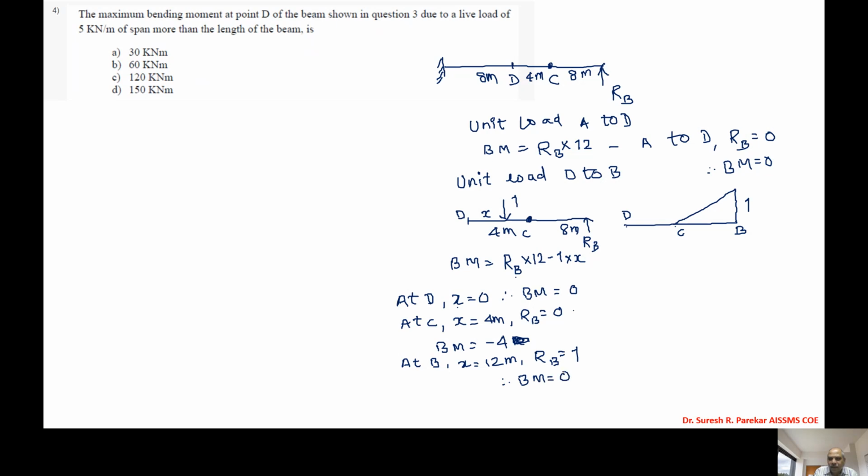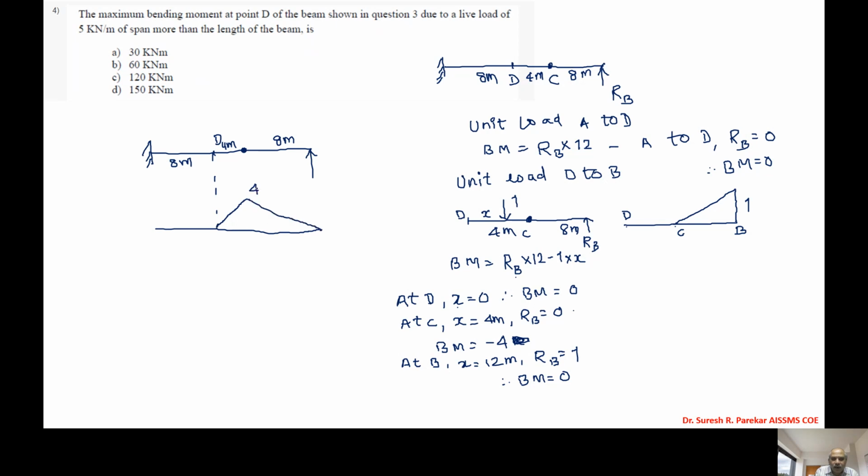becomes 0. And therefore if we plot the bending moment diagram by plotting this, then we have the bending moment diagram for this. This is point D. This is 4 meter, this is 8 meter, this is 8 meter. We will get this bending moment diagram: at D it is 0, then here we have 4, then it is 0.